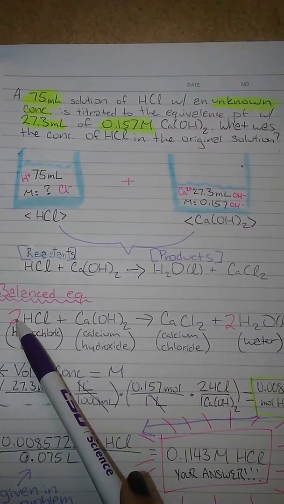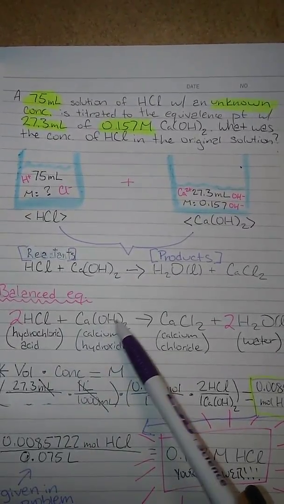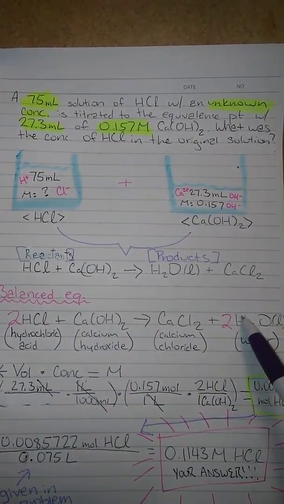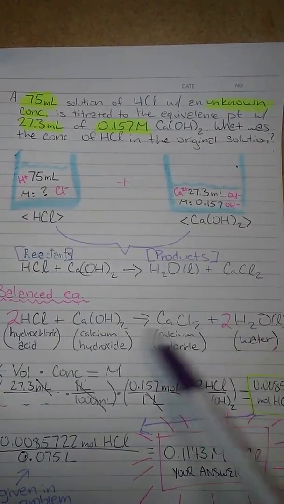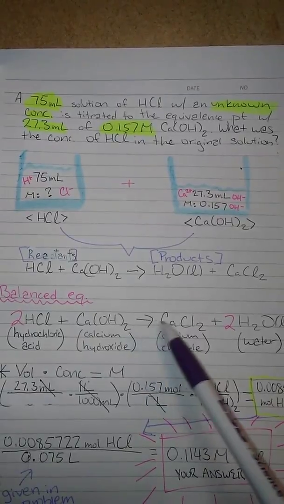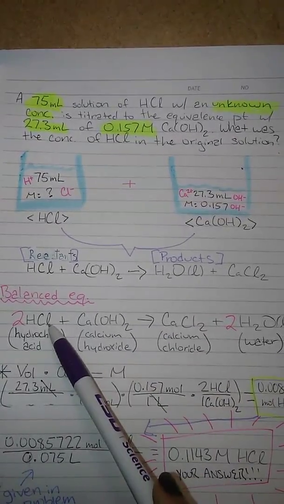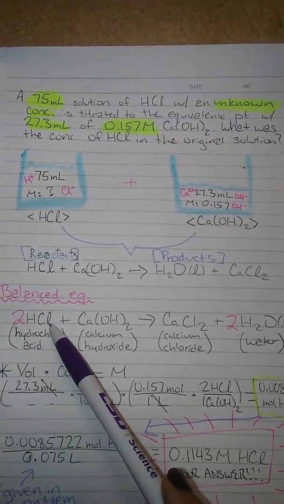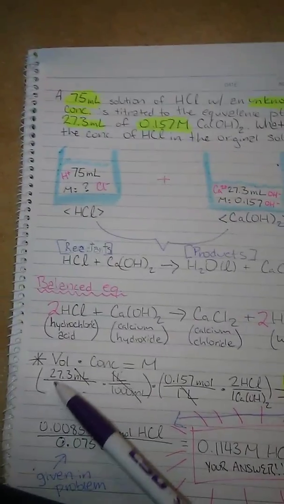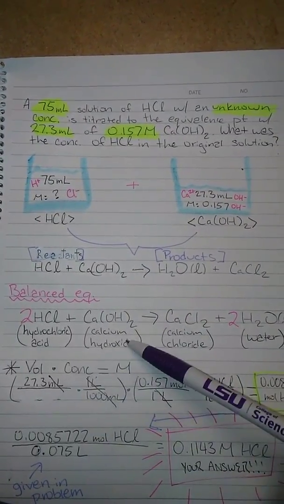If you can see here, 2 H's plus 2 H's gives us the 4 H's right here, and the 2 oxygens right here are fulfilled by the 2 oxygens from the calcium hydroxide. You have 1 calcium and then 2 chlorine atoms.